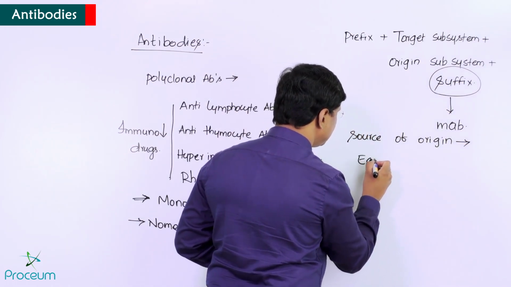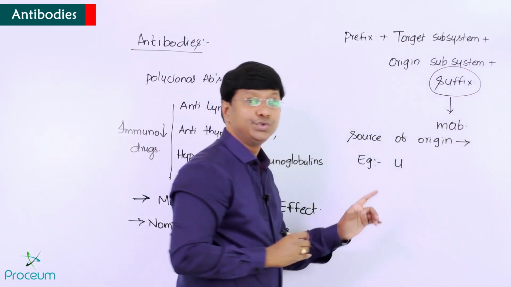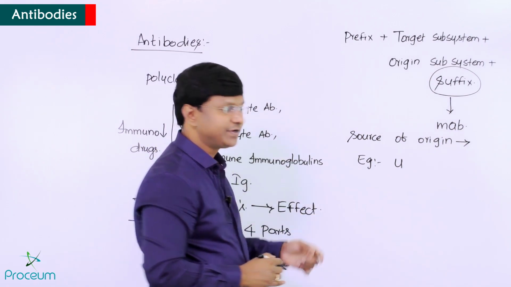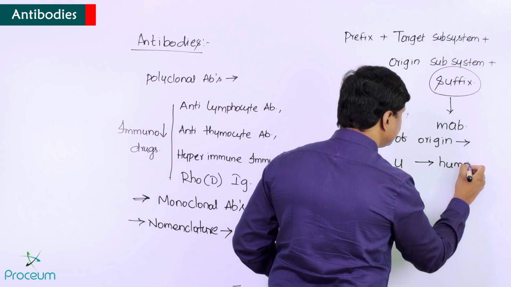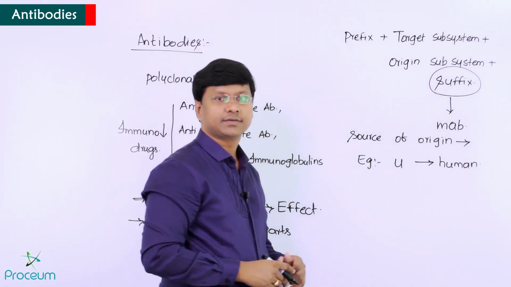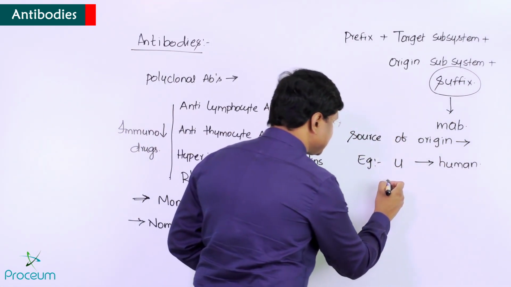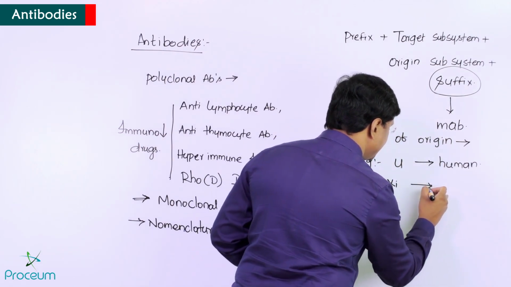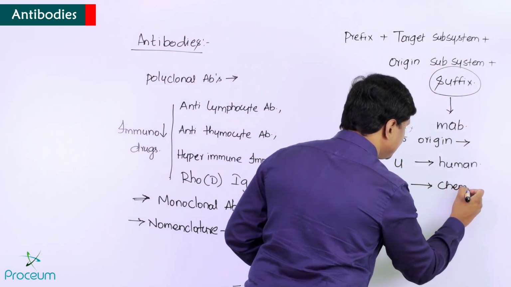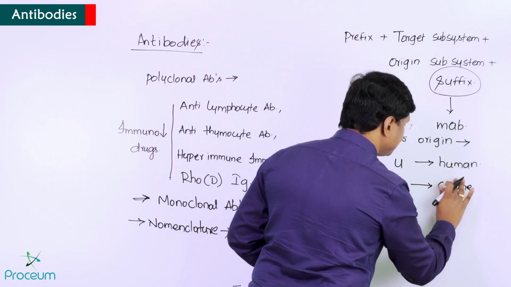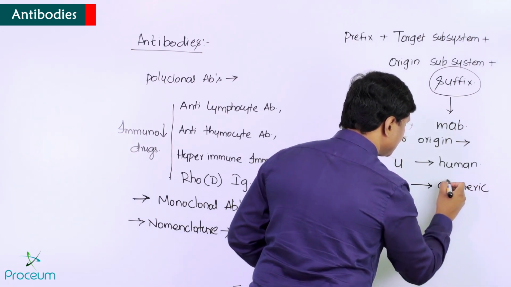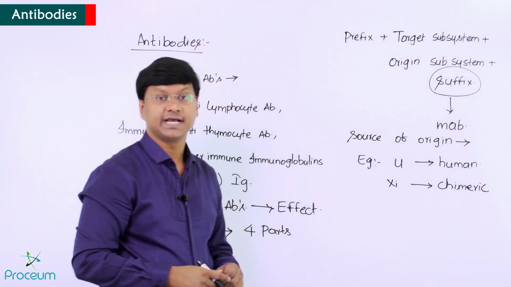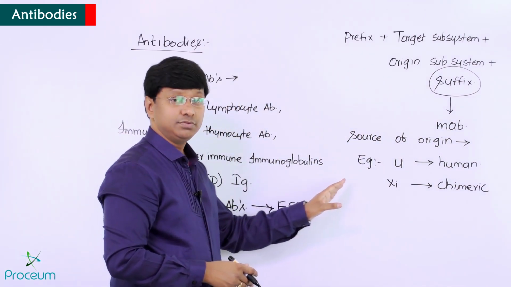For example, the word U stands for the source of origin being human, and the word XI stands for the source of origin being chimeric, etc.